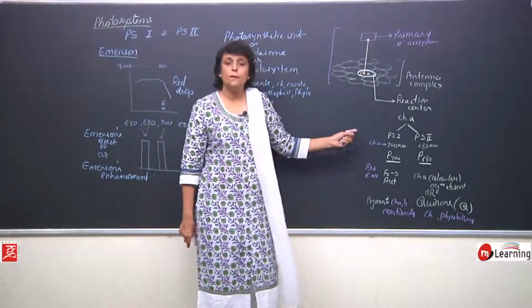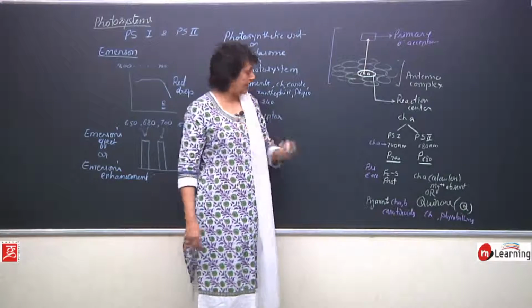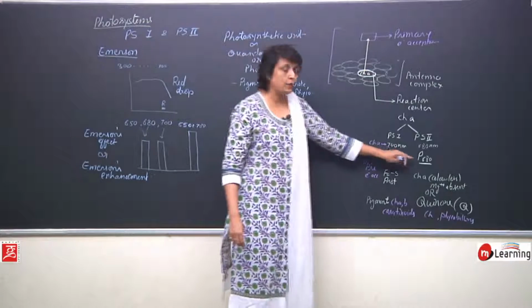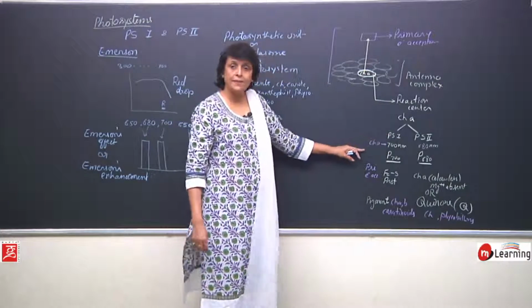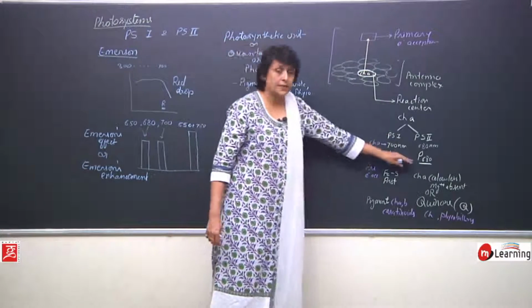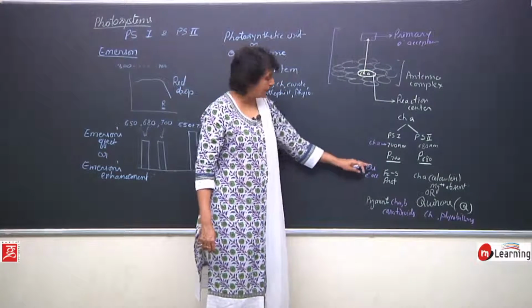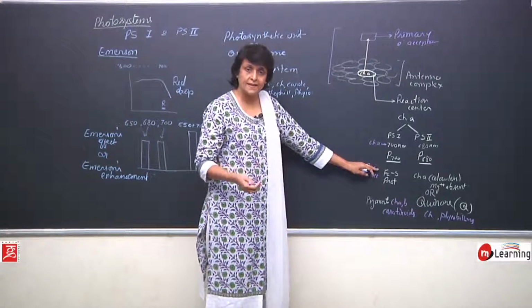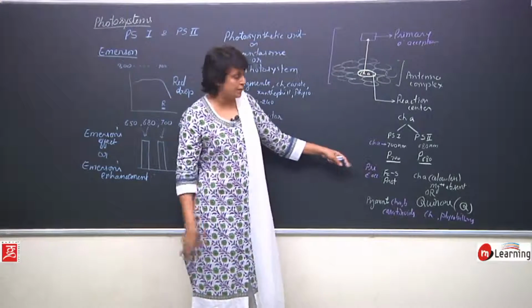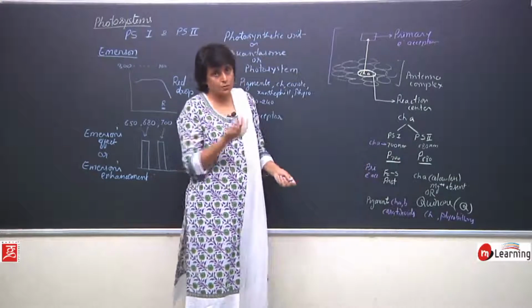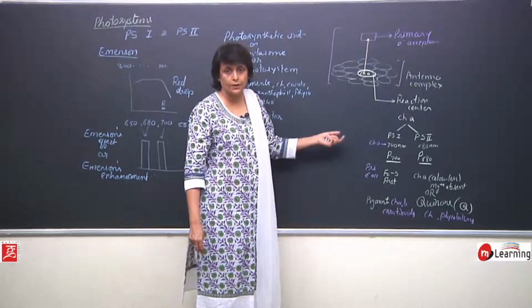So, PS1, PS2 differ in 3 main things. The reaction center chlorophyll A, the wavelength which it absorbs, 700 in PS1, 680 in PS2. The electron acceptor wise, PS1 has iron sulfur containing protein, again some scientists believe like that, and in PS2 there are 2 things which probably are the electron acceptor.